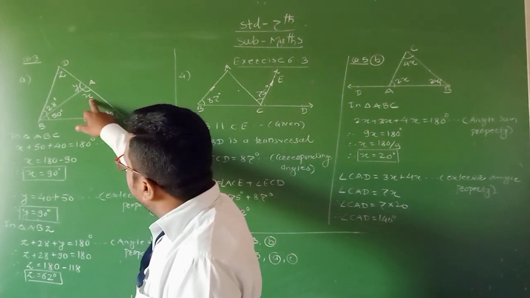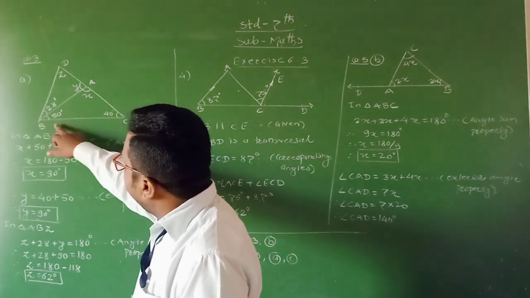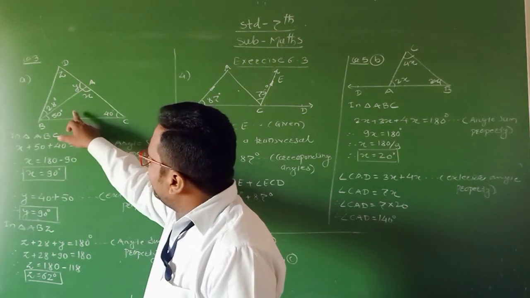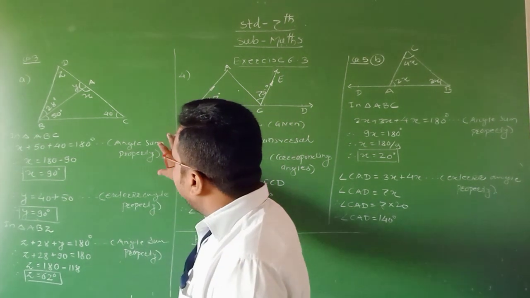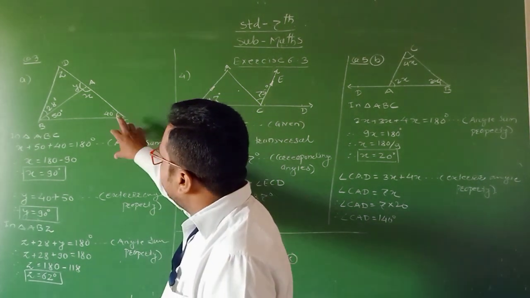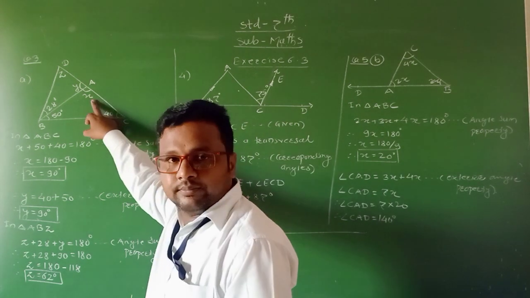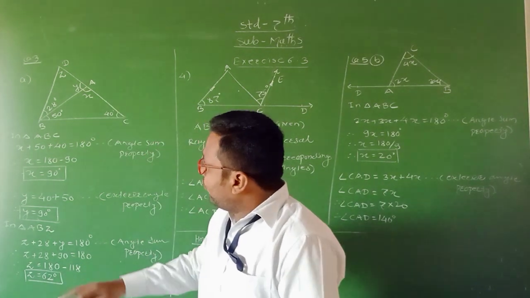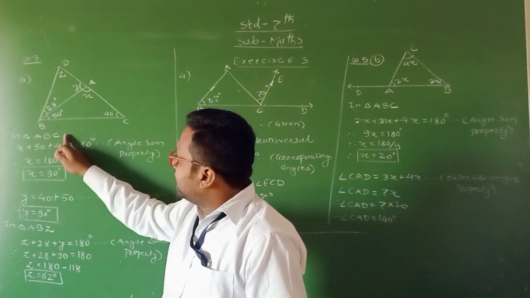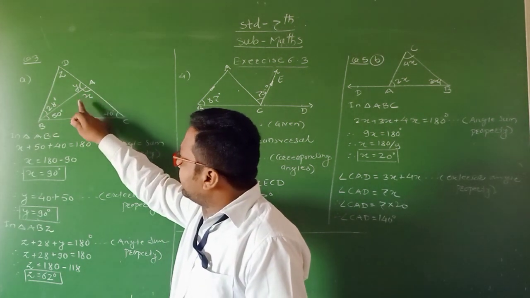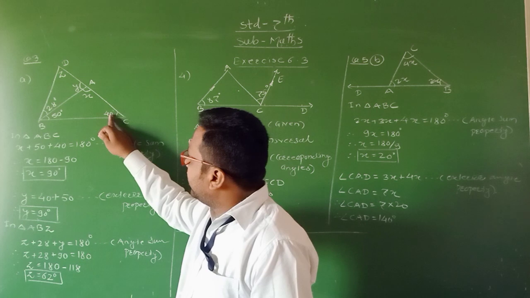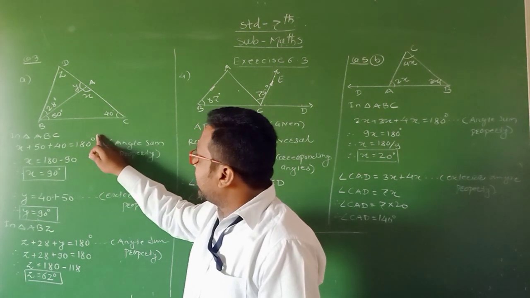Now x is the interior angle of triangle ABC. The remaining two interior angles of the triangle are given. So by using the angle sum property we can easily find the value of x. Therefore, in triangle ABC, x plus 50 degree plus 40 degree is equal to 180 degree.